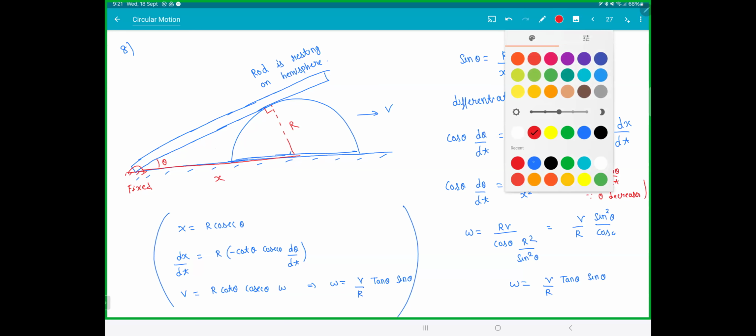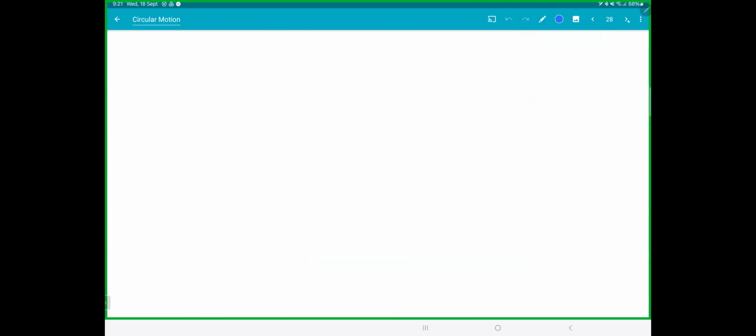So that is a bit about omega. And then we have angular acceleration. So we have angular position, which is like x. We have angular velocity, that is like v. And we have angular acceleration, which is like a.